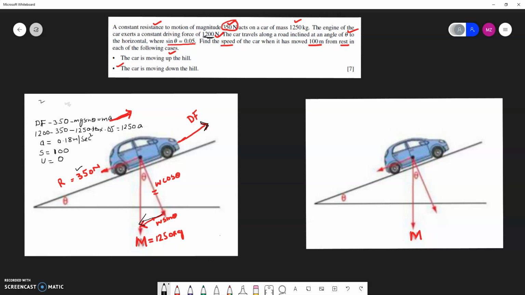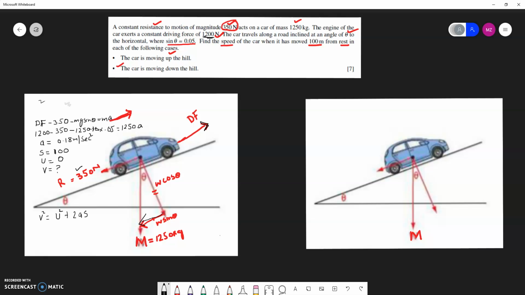We need to find the final velocity of the car. We have the equation of motion v squared is equal to u squared plus 2as.